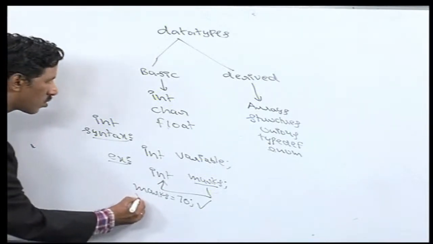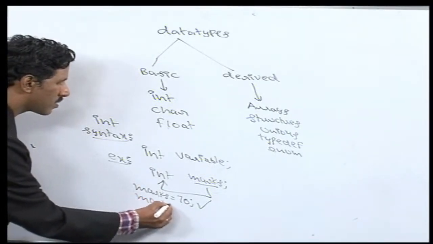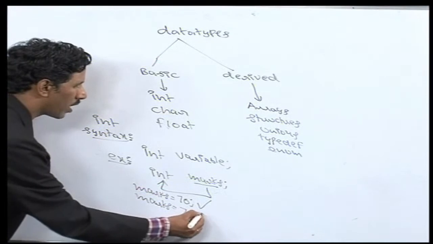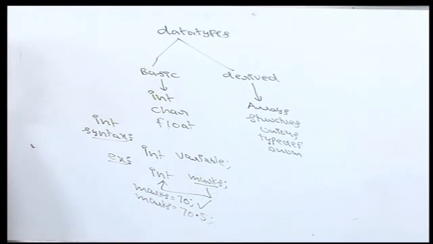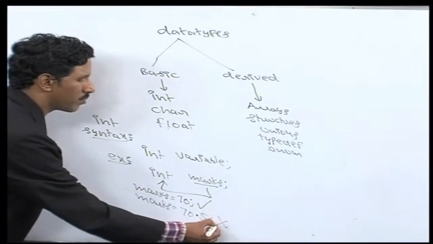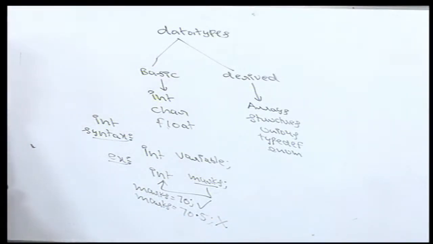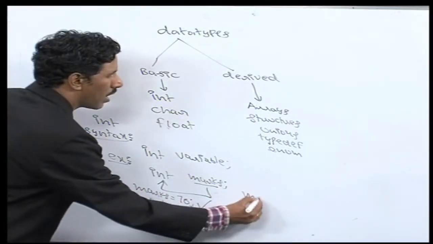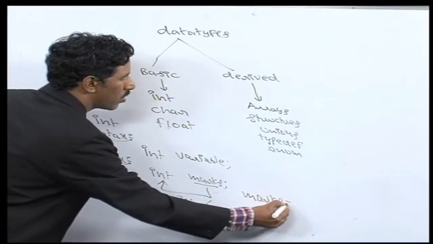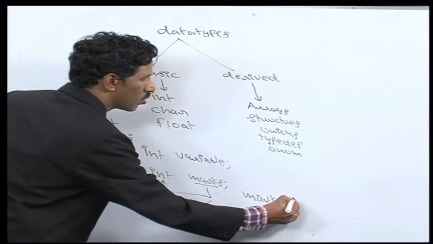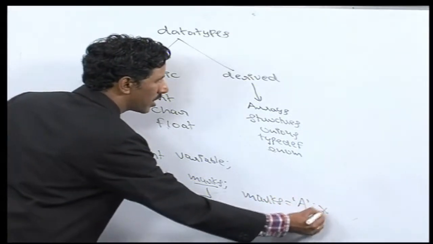If I want to store marks equal to 70.5, this is invalid because of the decimal. Suppose I want to define marks equal to A, that is also invalid because of characters.